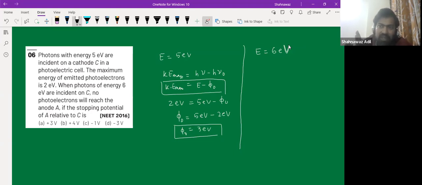So that potential was called the stopping potential, right? So this KE max was equal to eV naught. If we provide this much energy, then no electron will flow. So that was the stopping potential.